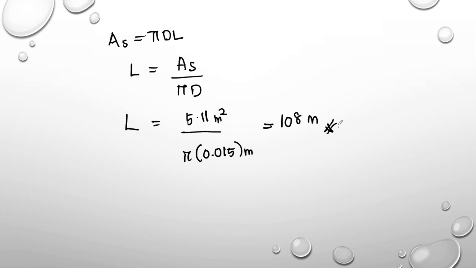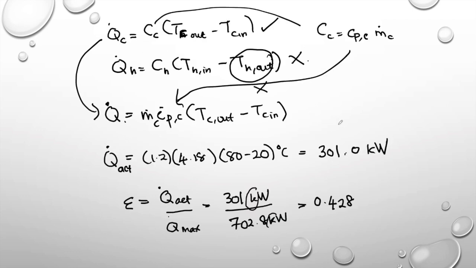Actually, you can use the LMTD method. Notice that we know the Q actual for both the cold and hot water is the same. You already calculated the Q actual, which is 301.0 kilowatt.